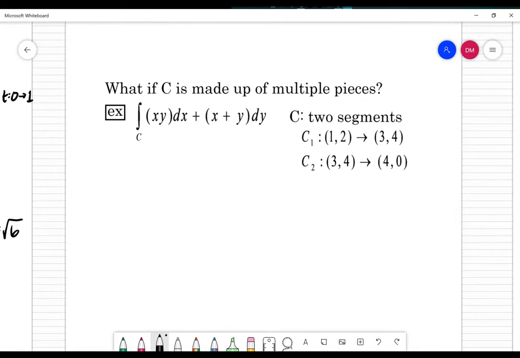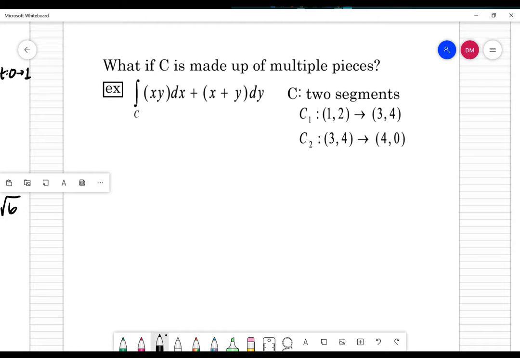Well, what if our contour C is made up of multiple pieces? This is the part where we have two segments. Maybe we get a corner or something like that, but we're going along C1 from (1, 2) to the point (3, 4). Then we are picking up from (3, 4) and heading back down to the point (4, 0).